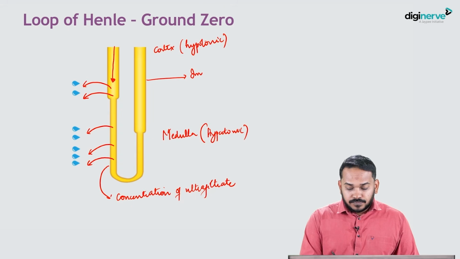And the ascending limb of loop of Henle is impermeable to water. The ascending limb of loop of Henle is permeable to solutes.